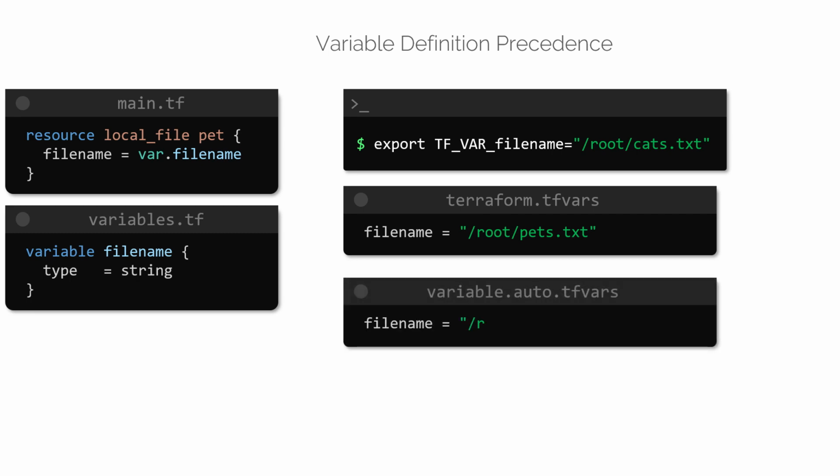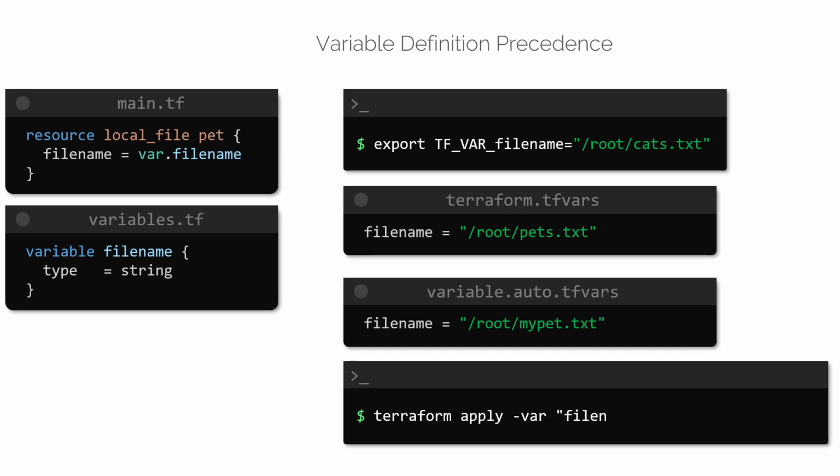We have also made use of a variable definition file with the name variable.auto.tfvars with the value of /root/mypet.txt. And finally, we are also making use of the -var option while running the terraform apply command with the value of /root/bestpet.txt. So in this case, which one of these values would be accepted?